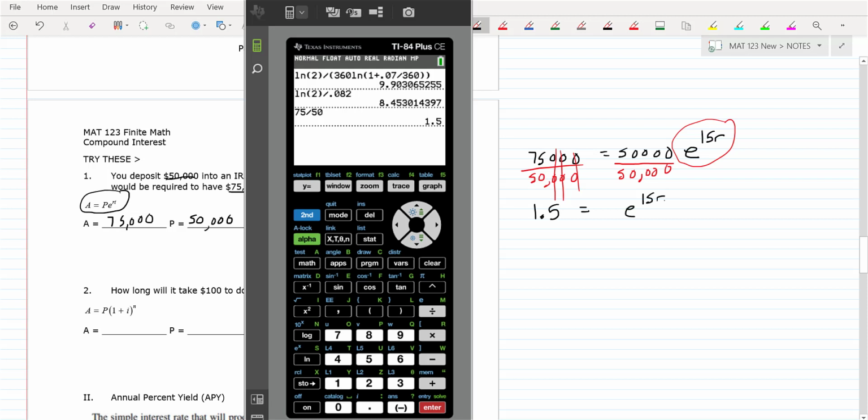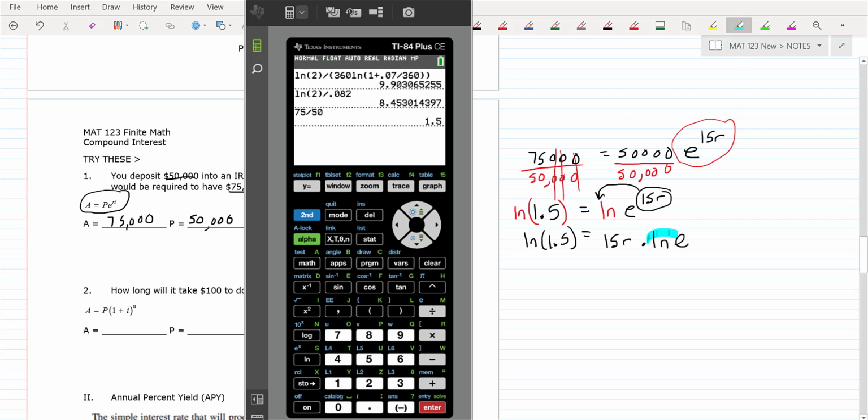Now I'm ready to do the natural log of both sides. So you want to go ahead and do ln of both sides. What we'll end up having then is ln of 1.5. Just wait till the end on your calculator. You'll bring the 15r down in front, so you get 15r times ln e.